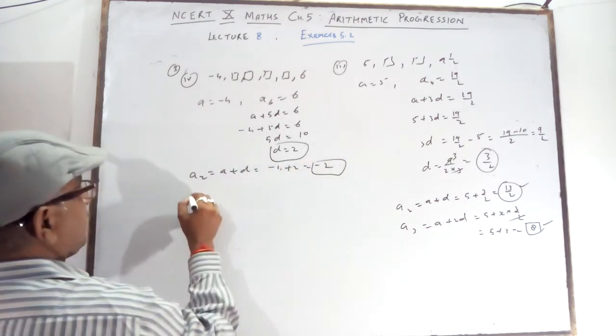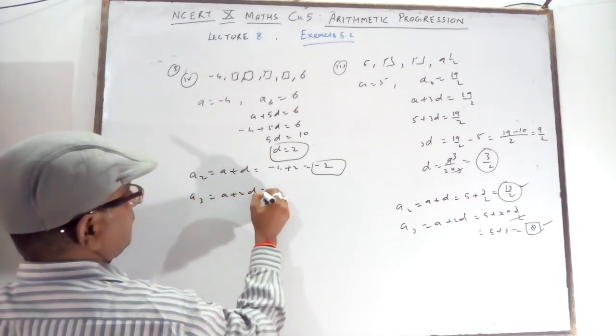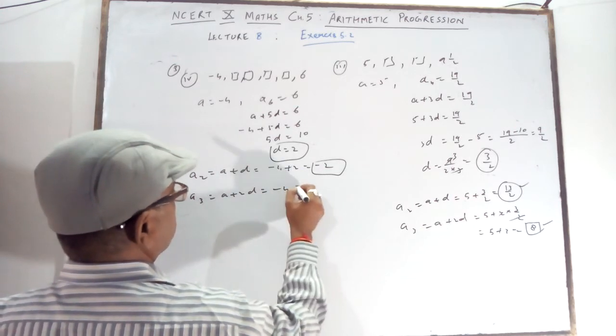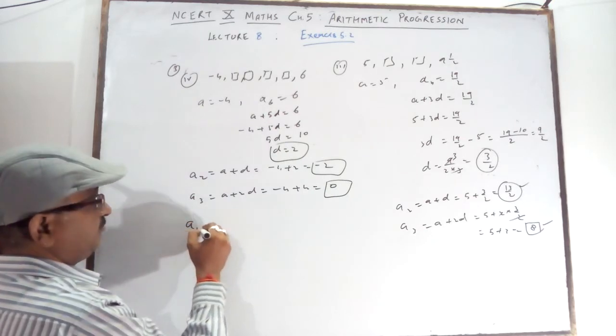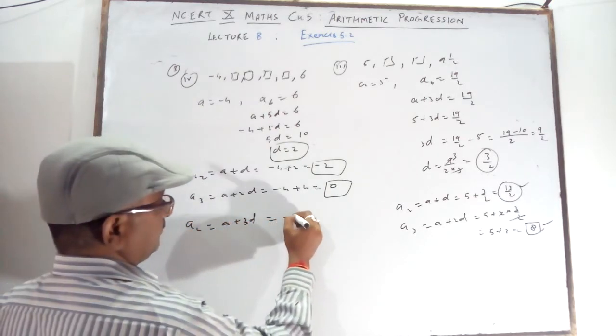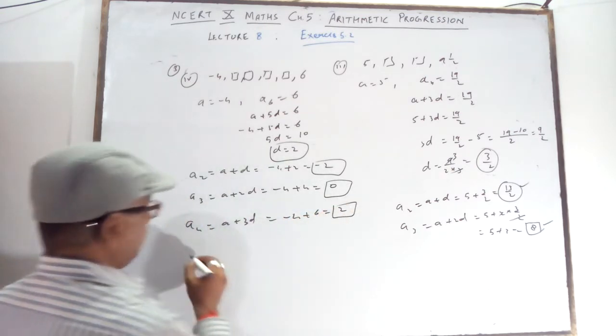First answer. A3 is equal to A plus 2D. -4 plus 2 times 2, that is -4 plus 4, is equal to 0, the next one. A4 is equal to A plus 3D, that is -4 plus 6 is equal to 2.